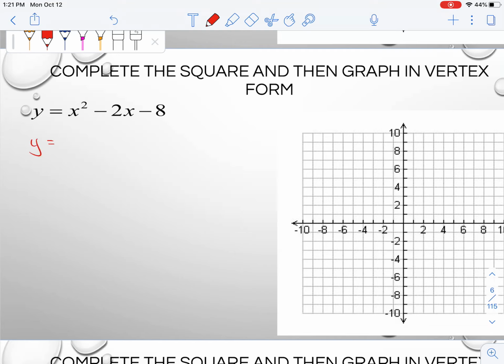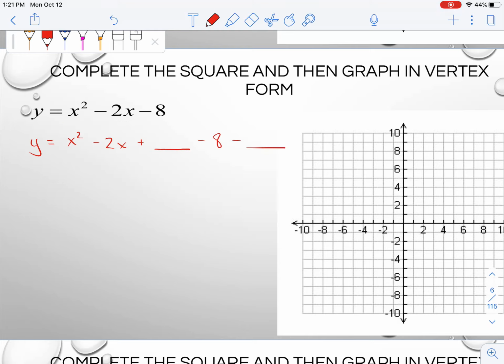Okay, so here I'm going to have y equals x squared minus 2x plus some blank minus the 8 and then minus this blank. Because whatever I add here, I need to subtract it away here, right? It's that sleight of hand. My entire purpose is that I want to figure out, based on my terms that contain x, what quantity is going to complete the square and put this into vertex form.